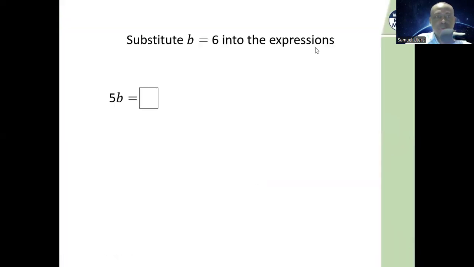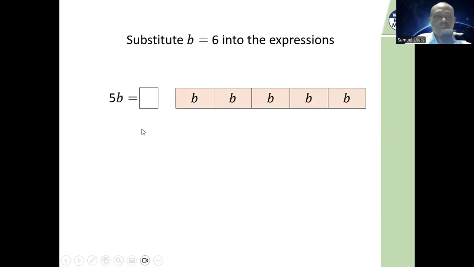If I ask you to substitute b equal to 6 into this expression, of course, we can write 5b as a bar model. Okay, so remember our first bar model which we learned, the bars are always added. So 5b is 5 little bars, 5 lots of b.